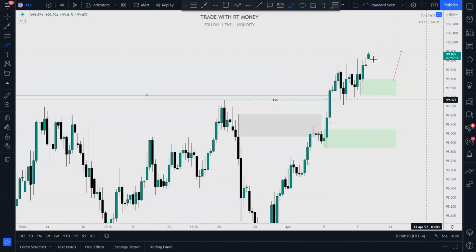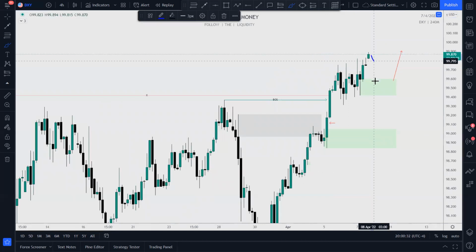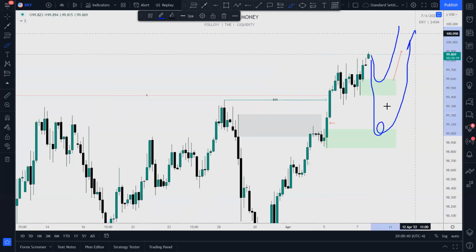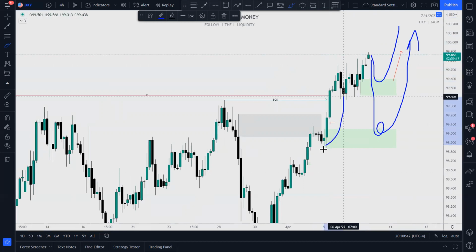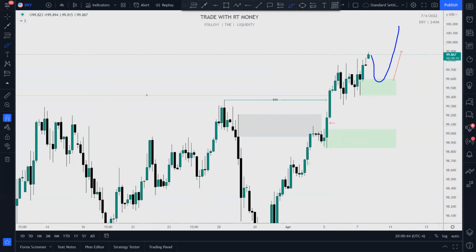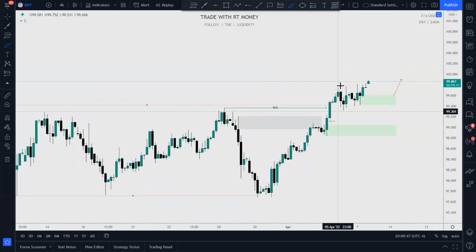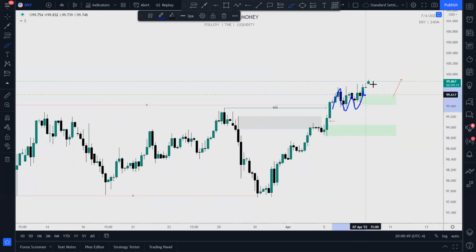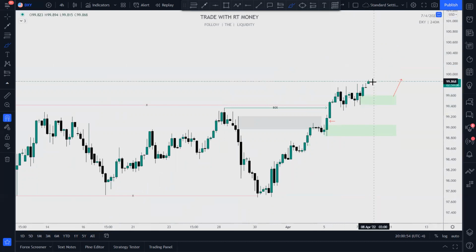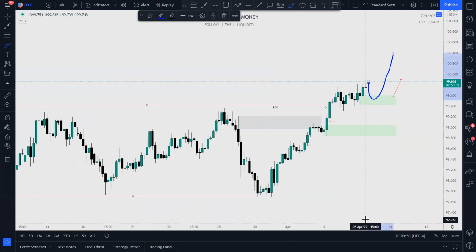So we're looking for a pullback of some kind, whether it's a shallow pullback here or a more profound pullback here. There's a lot of momentum in that impulse, and price is still bullish, so the possibility that the pullback could be shallow is there.